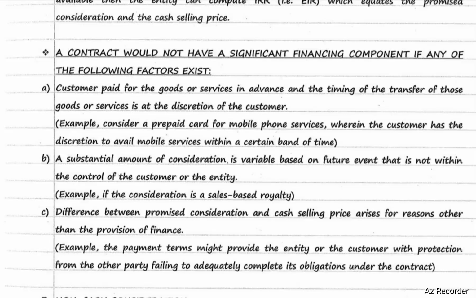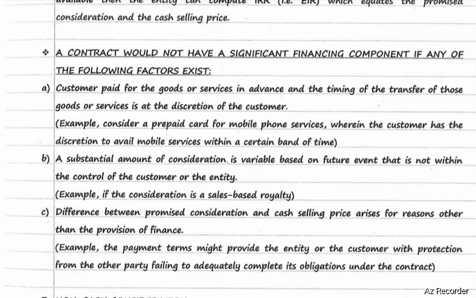Second, a substantial amount of consideration is variable based on a future event that is not within the control of the customer or the entity. For example, if the consideration is a sales-based royalty, in such a case, it is assumed that there is no significant financing component. Next, the difference between promised consideration and cash selling price arises for reasons other than the provision of finance.